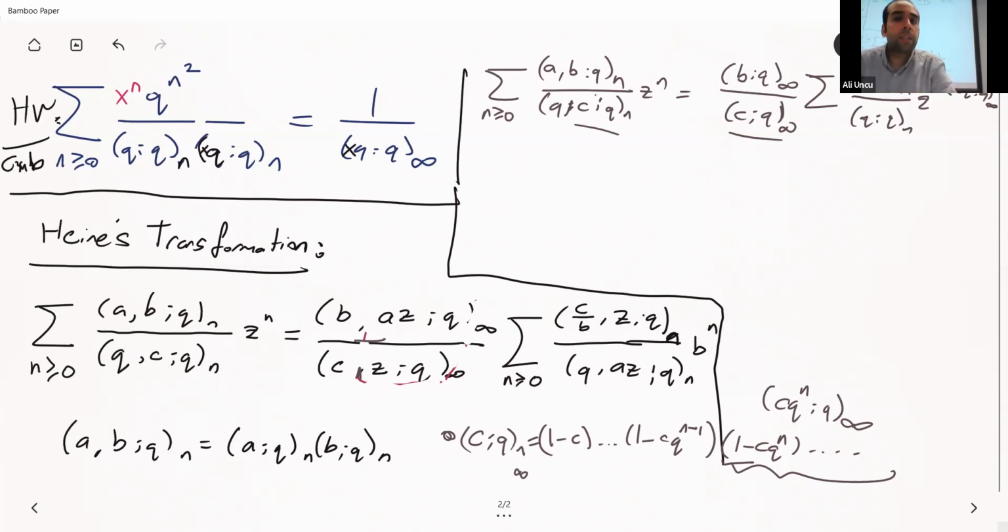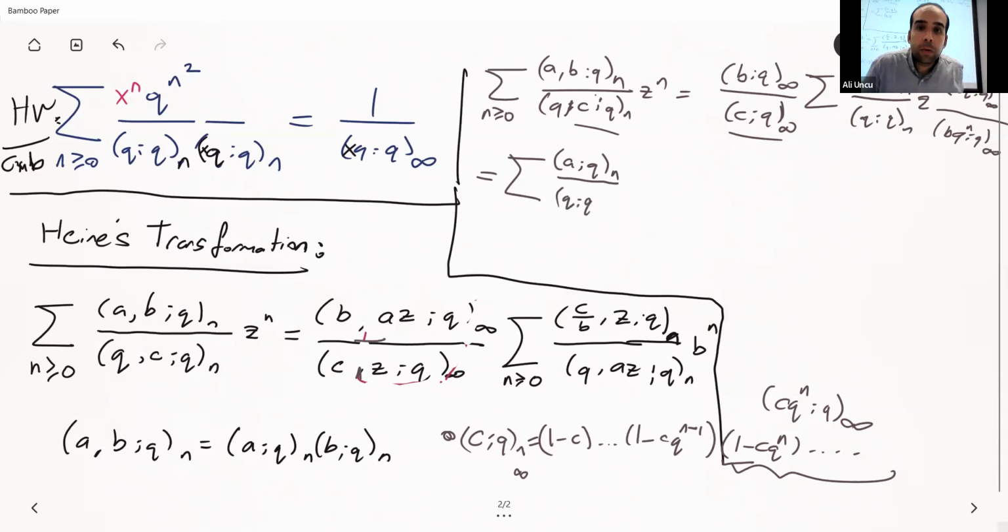Same deal. I need to fill up this (b; q)∞. And for me to be able to do that, I need to multiply everything with this (b q^n; q)∞ on the top. So I divide it on the bottom. Okay. Perfect. Now, let's write this again. I have an (a; q)n, I have a (q; q)n.